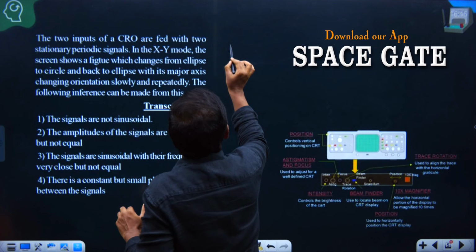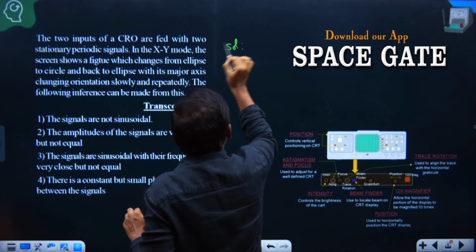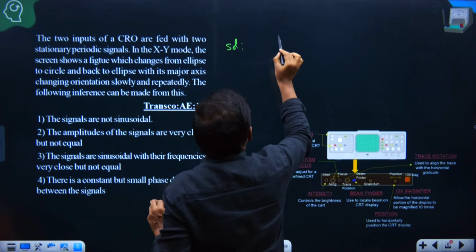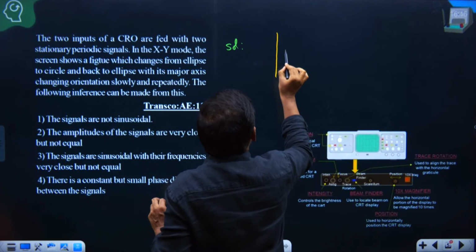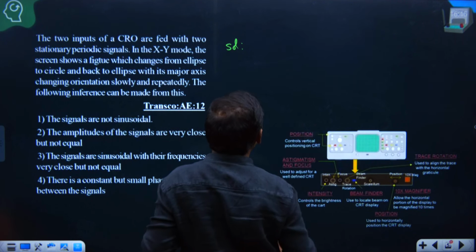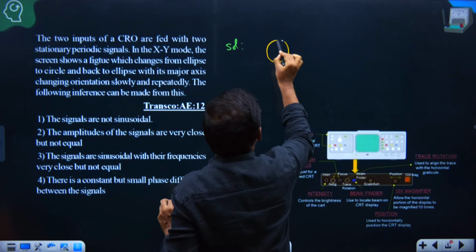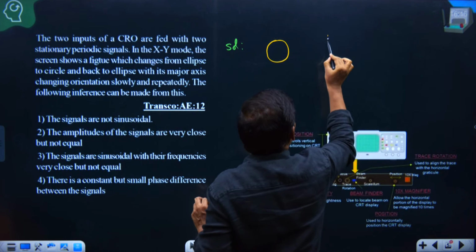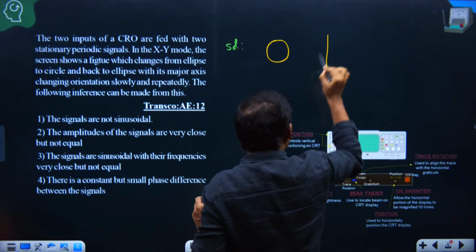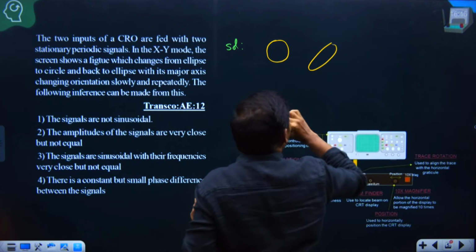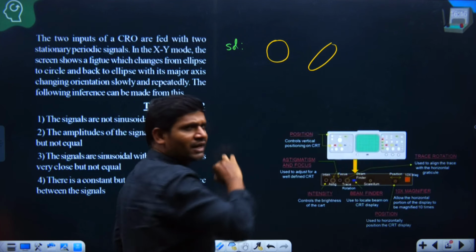Students, this is a simple observation that you already know from the CRO Lissajous patterns. The pattern is changing from circle to ellipse, again from ellipse to circle, circle to ellipse, and again ellipse to circle.